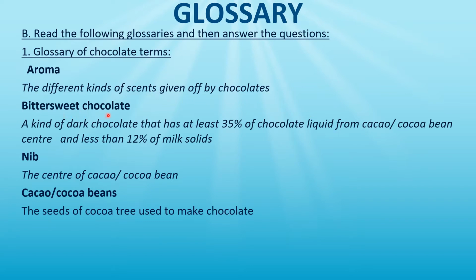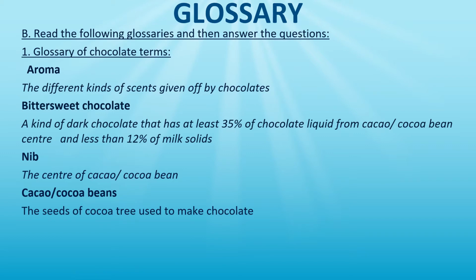Bittersweet chocolate, a kind of dark chocolate that has at least 35% chocolate liquid from the cocoa bean center and less than 12% milk solids. Nib, the center of the cocoa bean. Cocoa beans, the seeds of the cocoa tree used to make chocolate. So this is the meaning of the words.